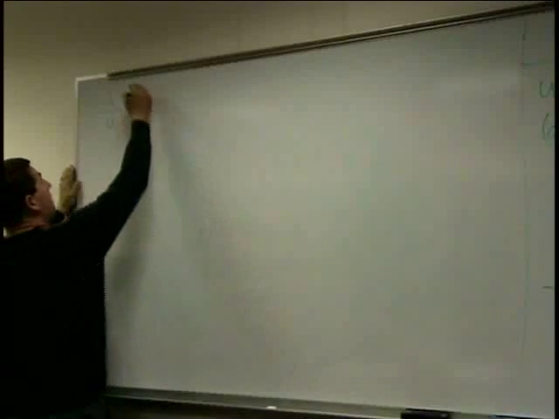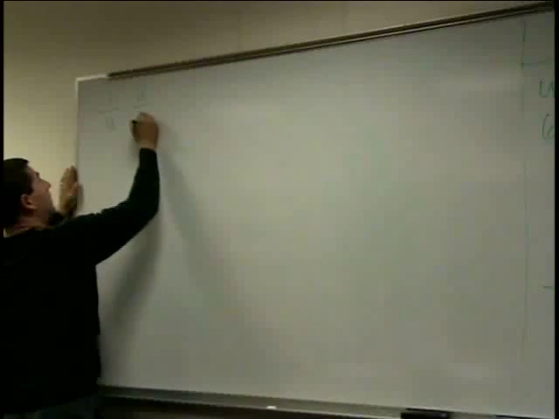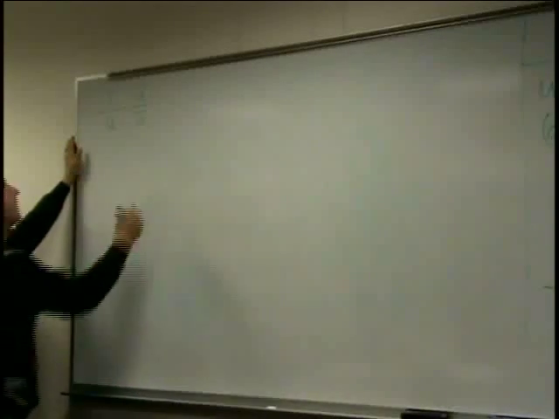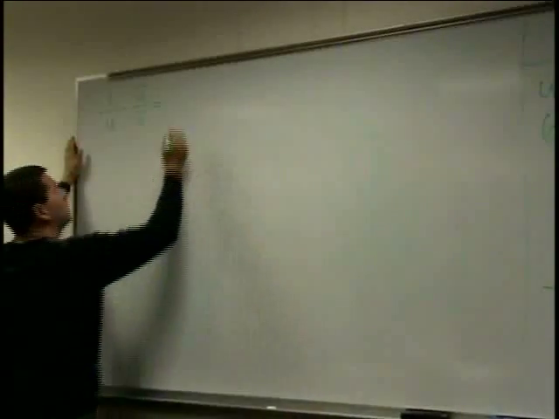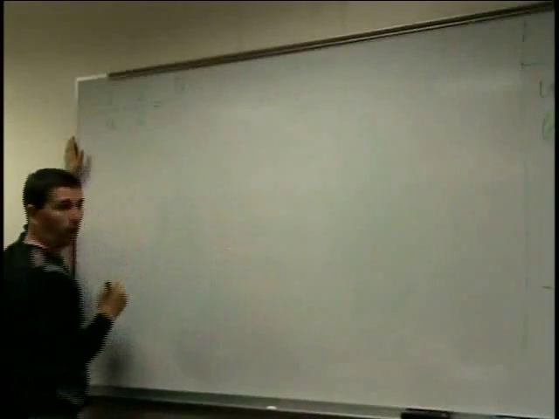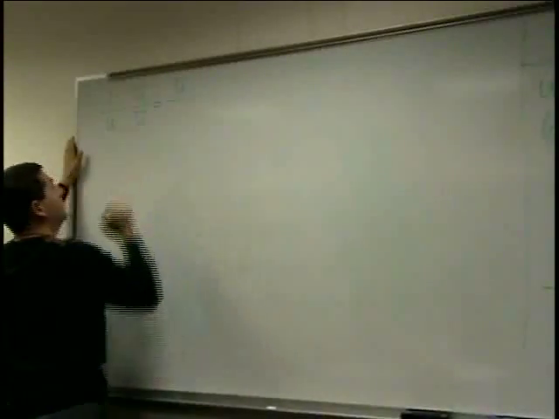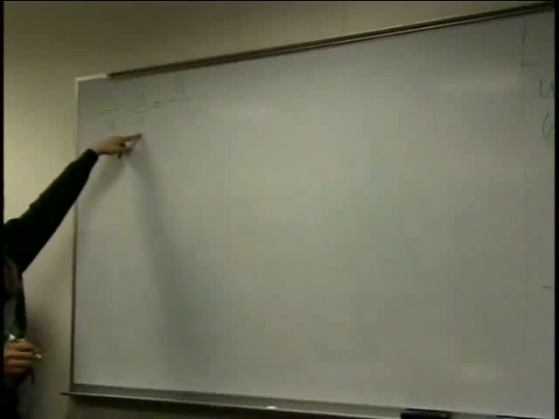So we multiply top and bottom by u bar. So this equals, on the top you get u bar, and on the bottom you get u times u bar, which we now know.